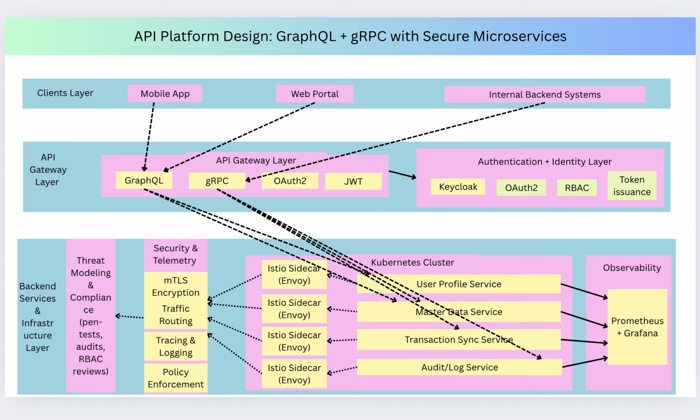Master data service exposes both GraphQL and gRPC interfaces. GraphQL is used for front-end applications to request reference data like country codes, product types, and fee tables. gRPC is used by internal backend systems that need to fetch or synchronize large master data sets in batch, for example for nightly updates or cache refreshes.